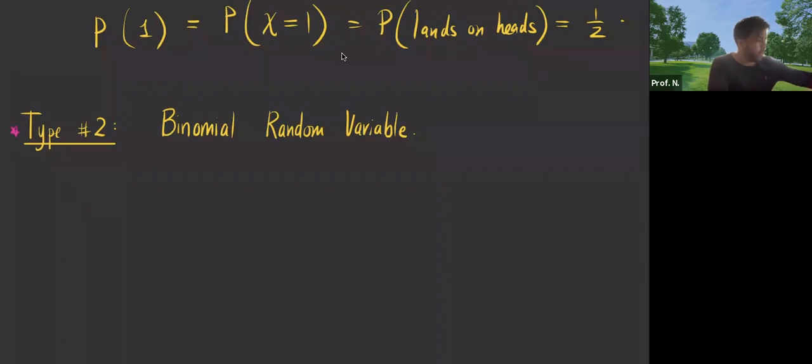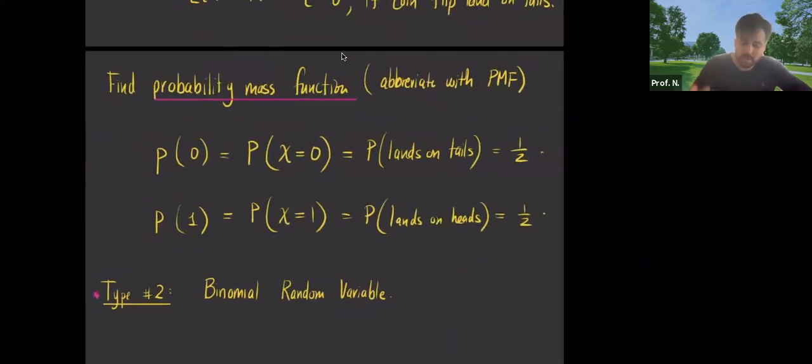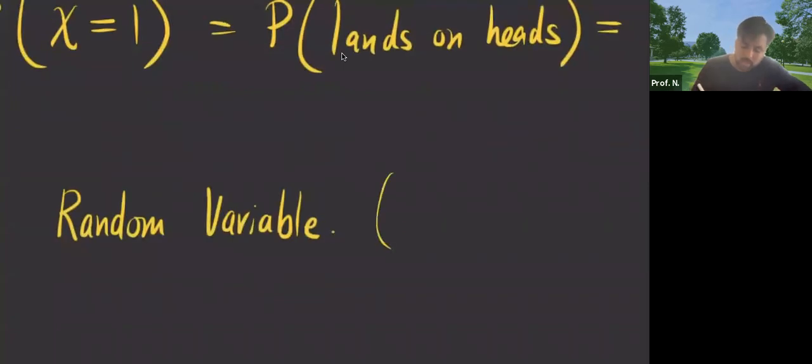You can talk about the binomial random variable being like an extension of Bernoulli.